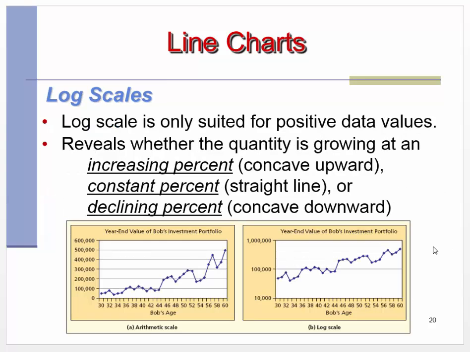Like these two charts here. The chart on the left is the arithmetic scale. You can see that, right? And for the same data, you put it on a log scale. It goes from 10,000 to 100,000, from 100,000 to a million. You can see this is 10 times. There's another 10 times, but it's not an equal arithmetic scale. But for this time series data, this may be preferred by some analysts.